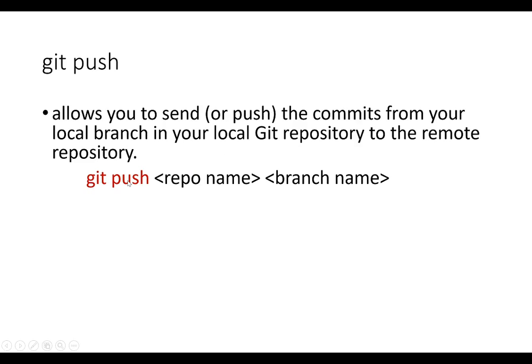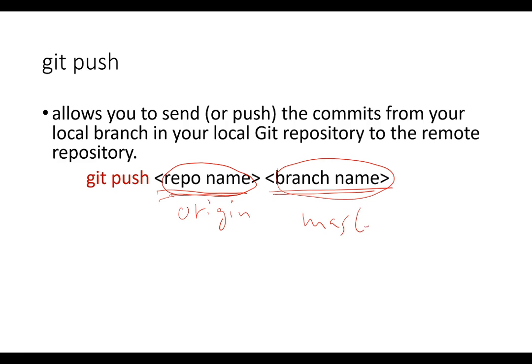The push command can have two parameters. One is the repository name, and the other is the branch name. The repository name is set to origin by default. The branch name is master by default.